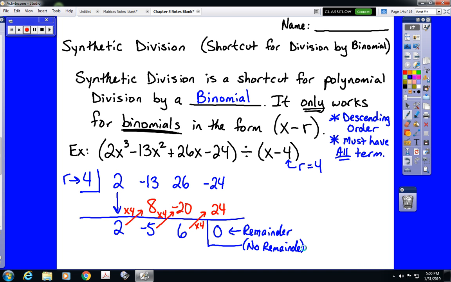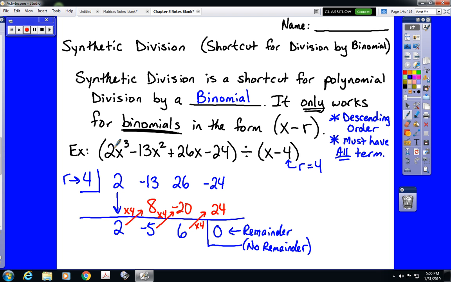Okay? Now, the numbers that we have down here below the line, 2, negative 5, and 6, are the coefficients on your solution polynomial, your quotient, your answer. And since we're dividing an x cubed polynomial by an x polynomial, our answer will start 1 degree less than x cubed.